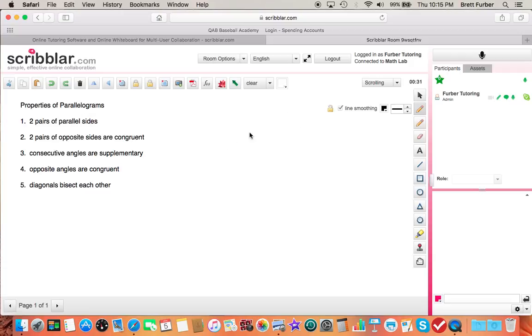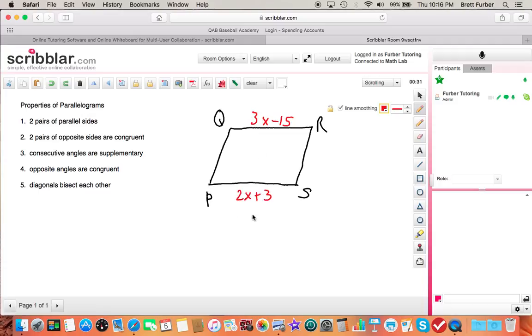So let me draw in a parallelogram, and it's labeled P, Q, R, S. Then they give us some information: 3x minus 15 is the length of QR, and the length of PS is 2x plus 3.